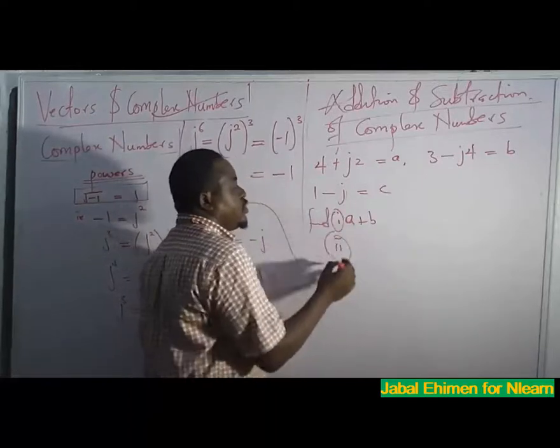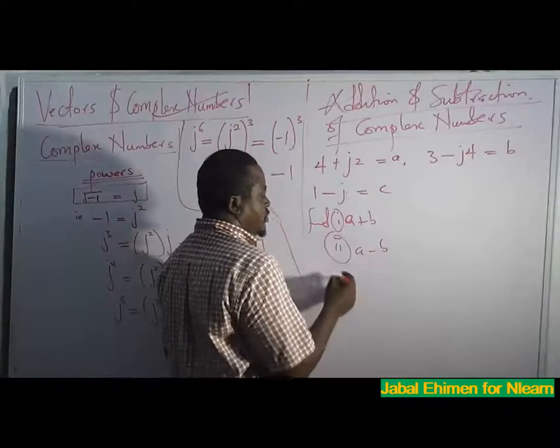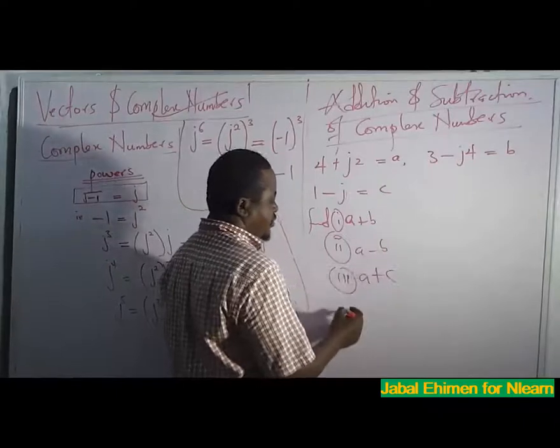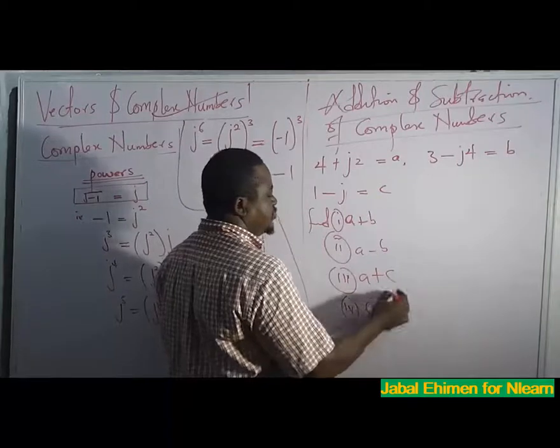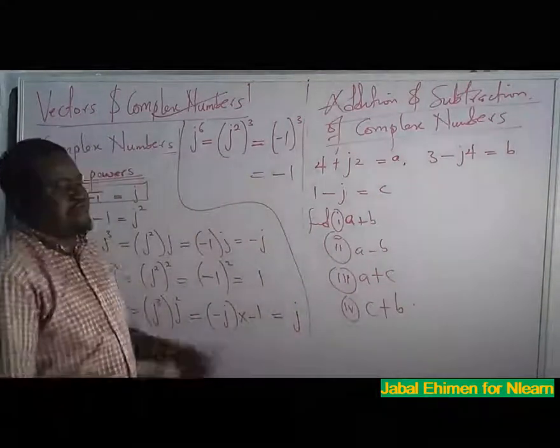Figure 2, you are asked to find A minus B. Figure 3, you are asked to find A plus C. And figure 4, you have to find C plus B. Probably you have something like this. It's simple. You can just take it out.